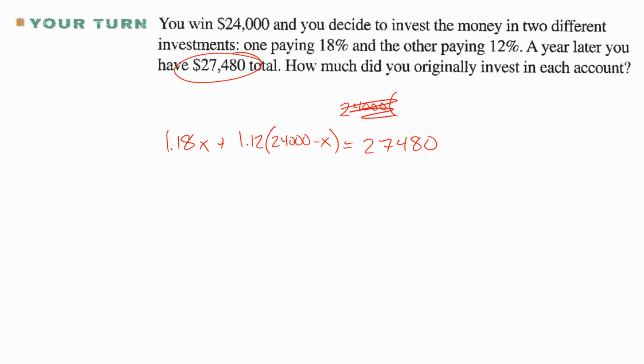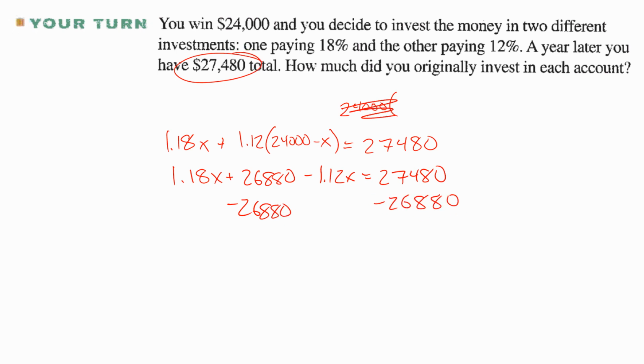We'll get 1.18x plus 26,880 minus 1.12x equals 27,480. Let's subtract 26,880. When we combine 18 minus 12, we get 0.06x equals 600.